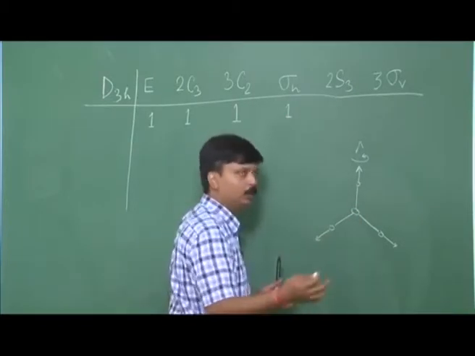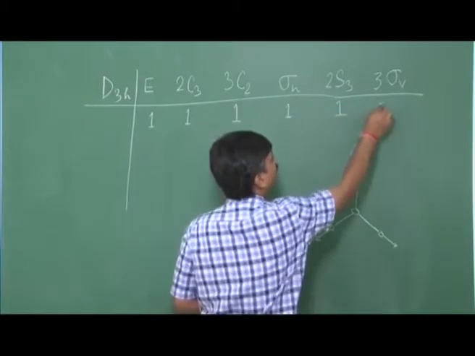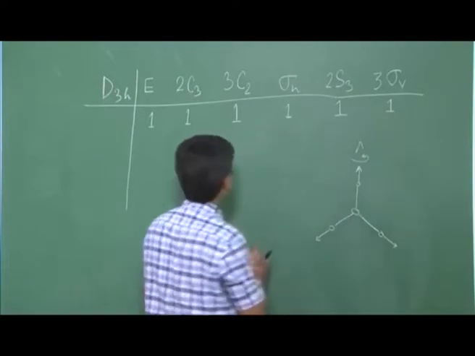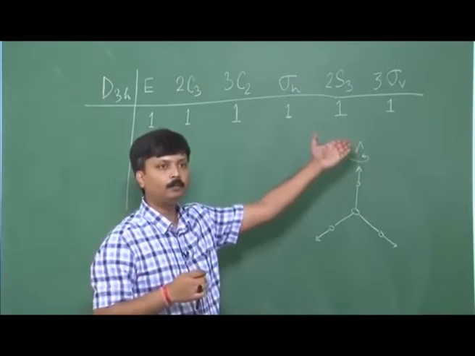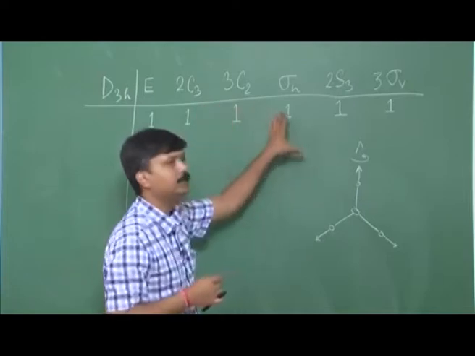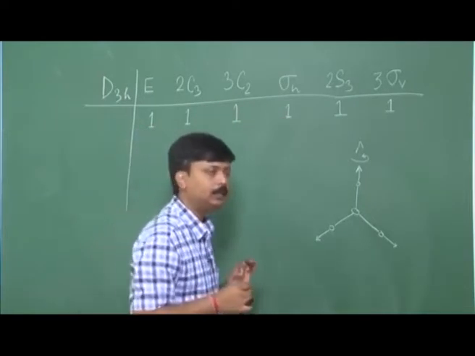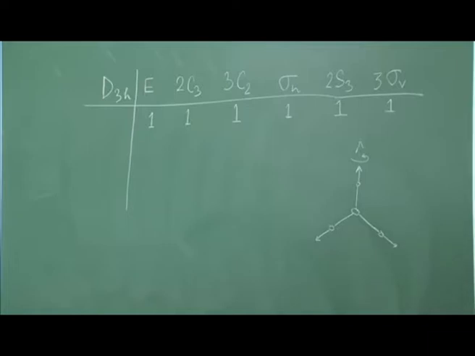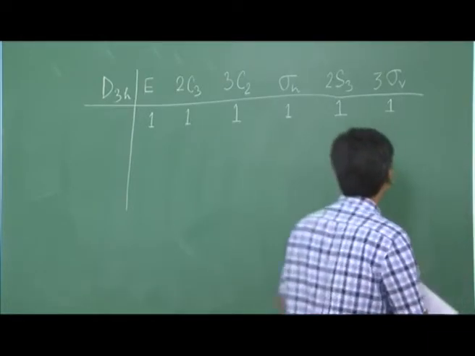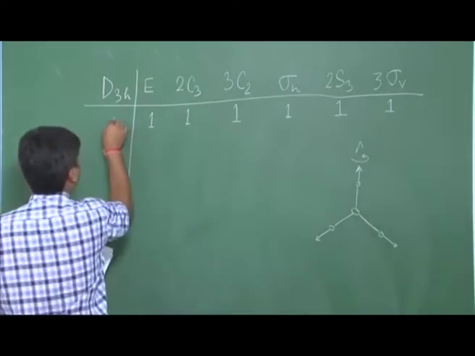S3 is also going to give me 1, so will sigma v. So looking at these characters, you can find out that this is a totally symmetric irreducible representation. So what is the totally symmetric irreducible representation in D3h? It is given by the term A1 prime.